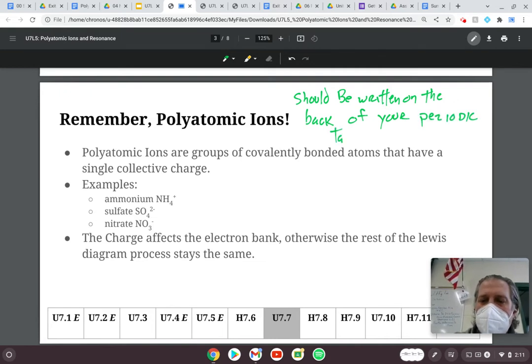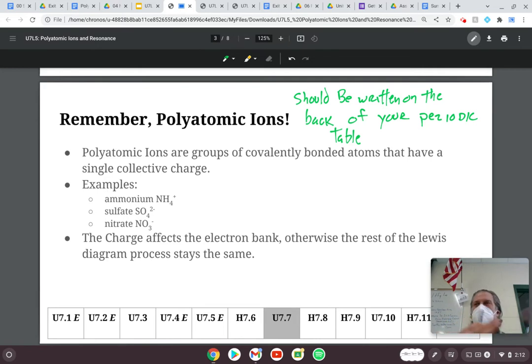I will give you some time at the end of the hour to do that, but I will also post it on Google Classroom for you. But you have to remember that polyatomic ions are basically ions that are made up of a group of nonmetals that are covalently bonded together, and they have some type of a charge. So, for example, ammonium is NH4 plus 1, sulfate is SO4 minus 2, nitrate is NO3 minus 1.